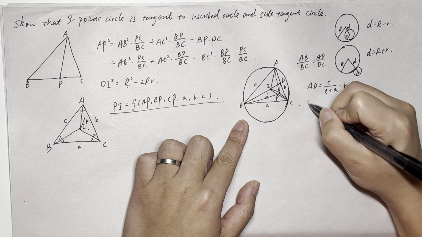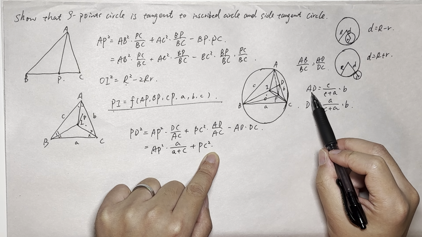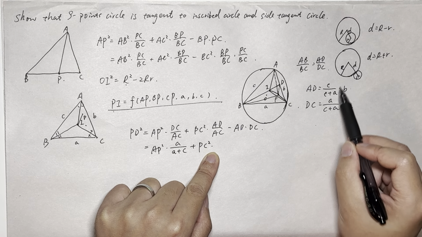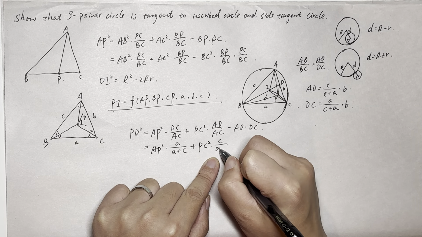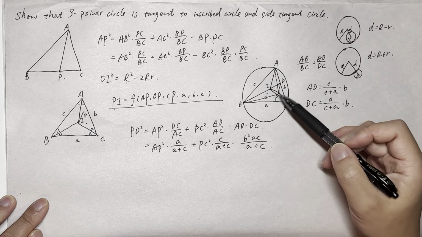So it equals AP square times DC to AC, that's A to A plus C, plus PC square times AD to AC, that's C to A plus C, minus AD times DC, so that is B square AC to A plus C. Right? That is PD. We find the PD.